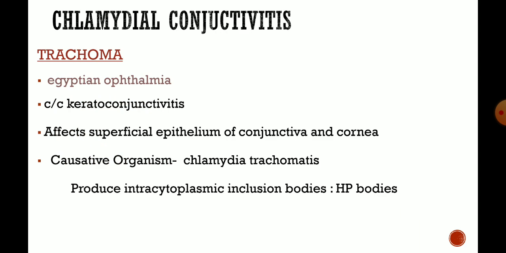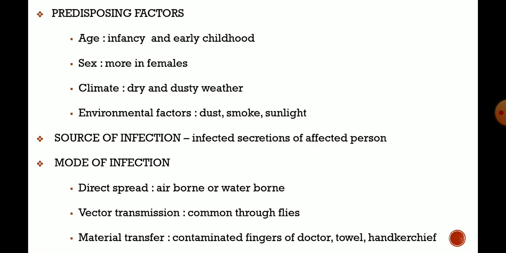Chlamydial conjunctivitis. It is a keratoconjunctivitis affecting both conjunctiva and cornea, caused by Chlamydia trachomatis. It produces intracytoplasmic inclusion bodies, HP bodies. It affects females, in dry and dusty weather, or with dust, smoke, sunlight. The source of infection is the secretions from the affected person.